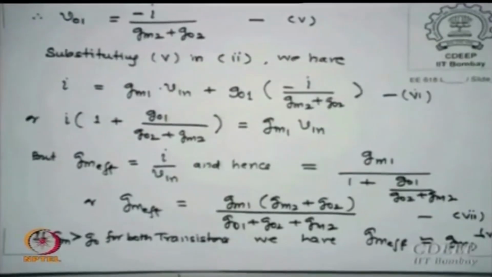Now GM, typically the transconductance of an amplifier, should be higher or lower for a good amplifier gain? Higher. And GO, which is 1 upon RO, should be very small if you want larger gains.